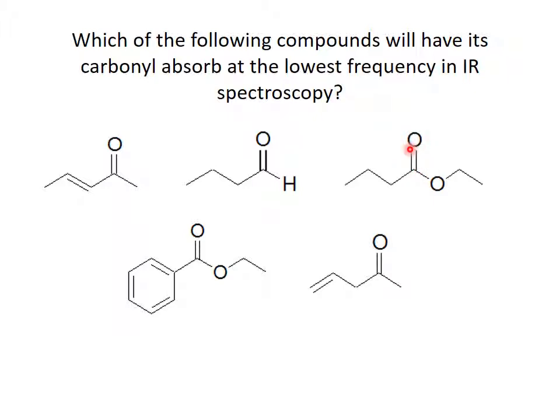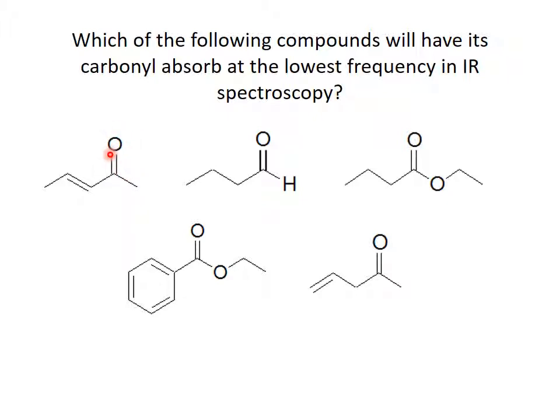That resonance structure causes this double bond to be weakened. And so both this ester and this ester have resonance structures that weaken them, and so they would have lower frequencies.